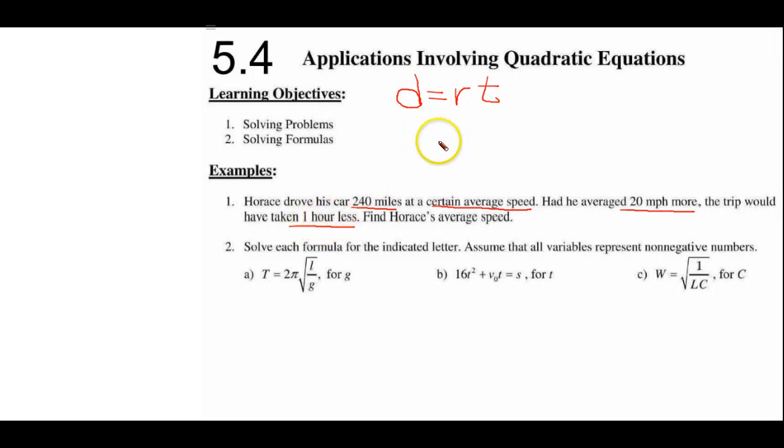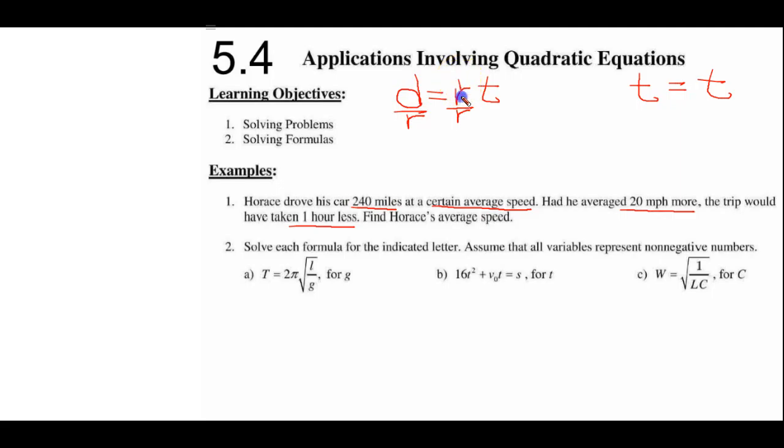So after thinking about this, I thought, if we could end up with an equation of time equals time, get these two to equal each other, then we could solve it. So I had to solve this equation for t. So I'm going to divide both sides by r.